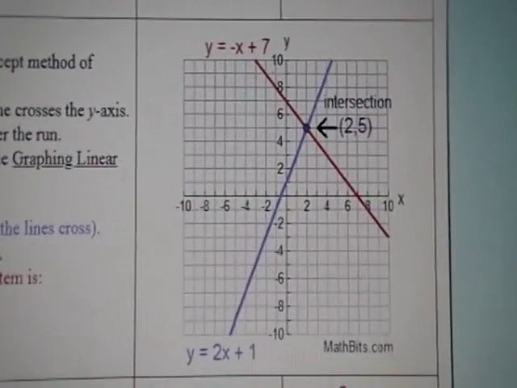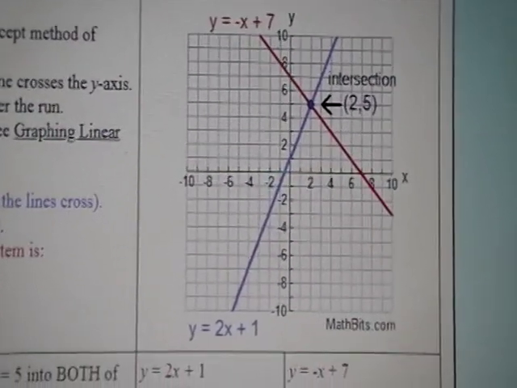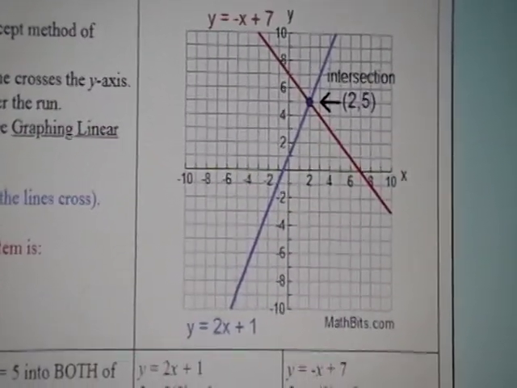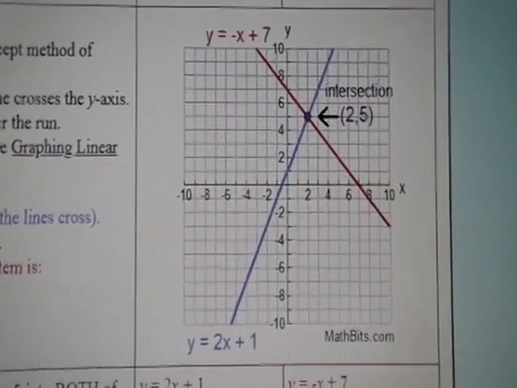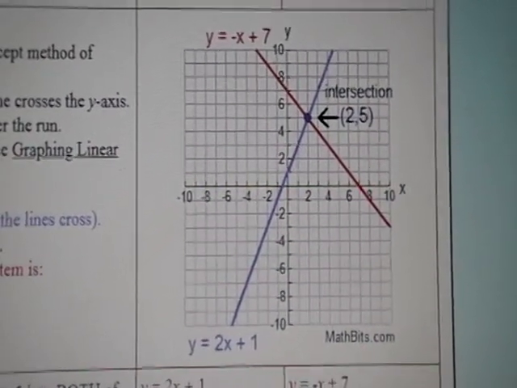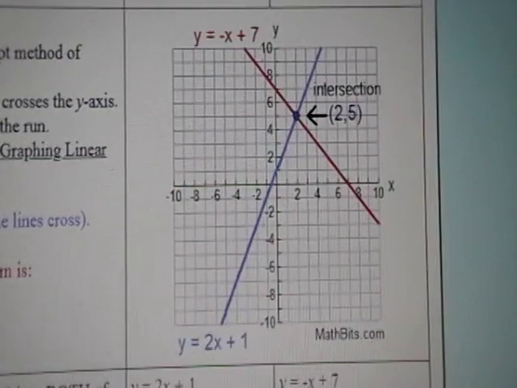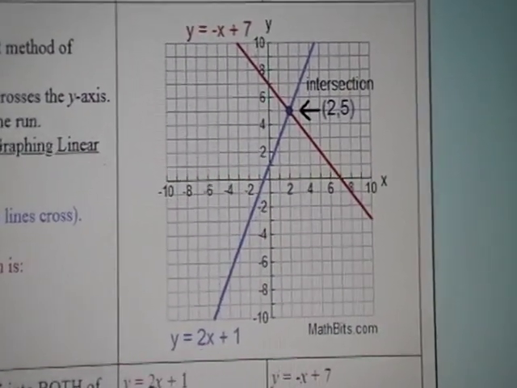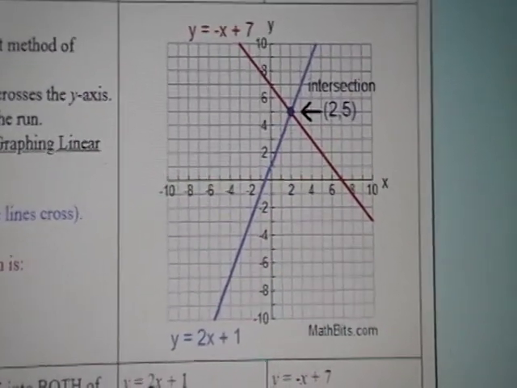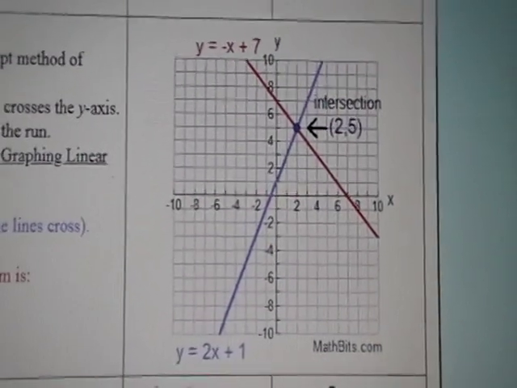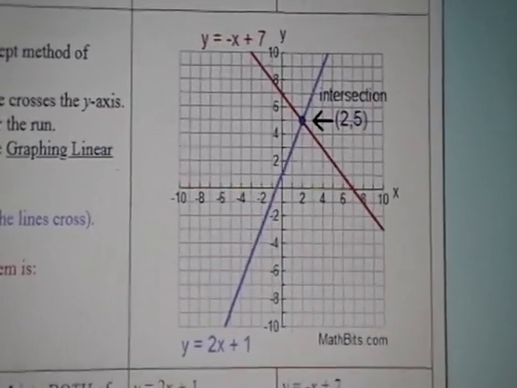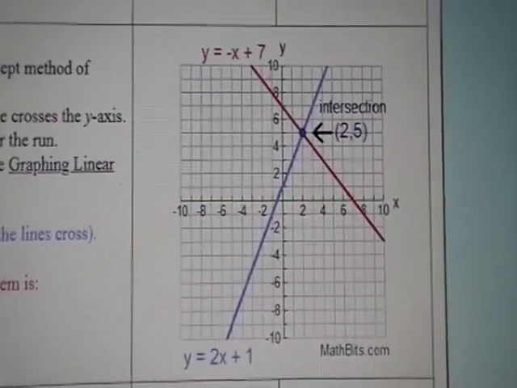This is going to be a second method, a second way to find where that point of intersection is. So let's say that your graph is way off or your lines are way off the graph where they intersect. Or perhaps it's a fractional answer and it's harder to read.